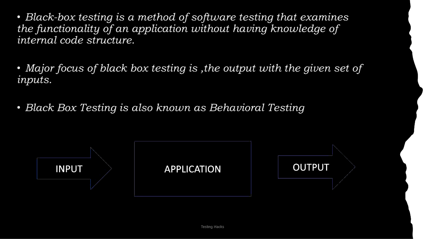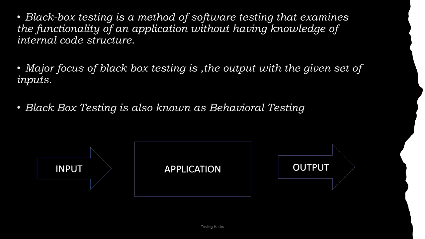If you have already watched the video on white box testing, there we check the internal code structure, but while testing using the black box technique, you will not know the internal structure of the application. Rather, you will be testing the application on a UI basis. You will not have any internal code structure knowledge.